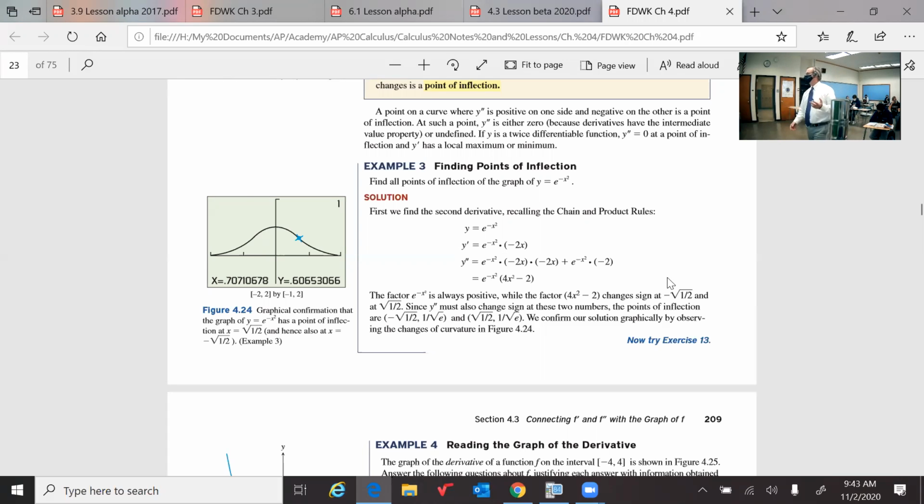So, what happened here? You essentially have e to the u. So the derivative of e to the u is itself times du. And here's the first derivative, in the middle of the bottom of page 208. For the second derivative, we need to use a product rule. How do they do this?